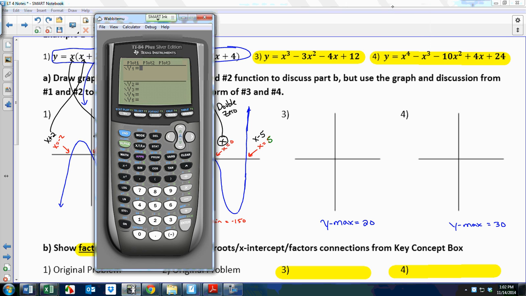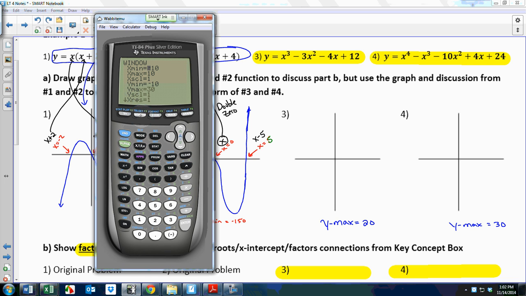Okay, to graph number 3, go to y equals and x. Now, if you didn't know, there's a button right next to the fraction button. If you go to math, the third option, there's your cube button. No matter how old of a calculator you have, it has that, okay? So then minus 3x squared minus 4x plus 12.